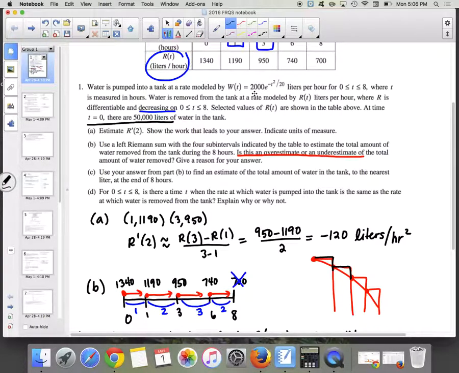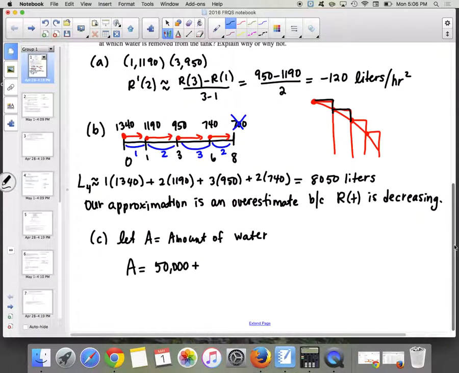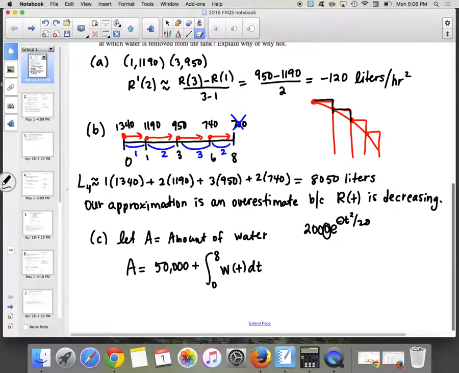So at the end of 8 hours, we want to actually integrate that from 0 to 8. And you can just put W of t dt. So don't try to get fancy and write your function, which was 2,000 e to the negative t squared over 20, because sometimes you're stressed, and on the test maybe you forget that negative, or you write a 200 or something instead. So write W of t dt.